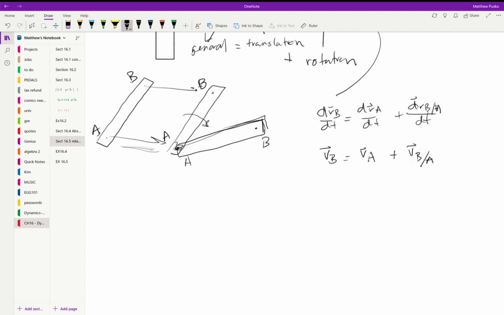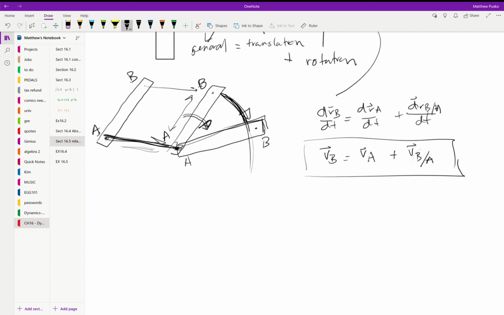So the translation of A, and then we look at the motion of B. So B swung through due to some circular motion, and we get a velocity of B with respect to A. Those combined give us our general plane motion. And since this is a circular path right here, if we look at how B moves with respect to A and if A and B are a fixed distance like they are, then this has to be a circular path.